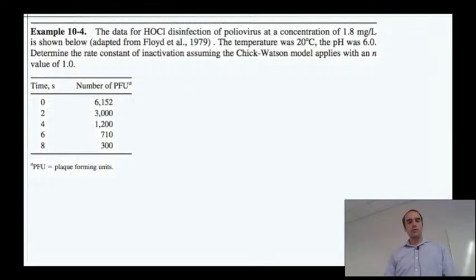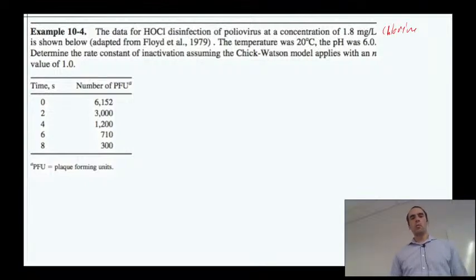So let's take a look at this problem. I think we'll need a little bit of Excel here, but you could do it on a graphing calculator no problem. I'll give you a few minutes to think about how to approach this and work with it. It says the data for HOCl disinfection, that's hypochlorous acid, that's free chlorine, of poliovirus at a concentration of 1.8 milligrams per liter, that's our chlorine, is shown below.